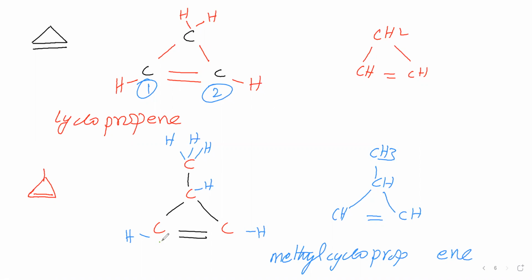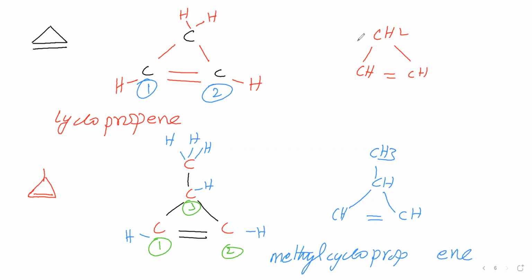Therefore, number 1 here, number 2 here, number 3. We must give numbering like this only. That means a double bonded carbon should have neighboring numbers. We should not give it like this: 1, 2, 3 in that other direction. Like that we should not give.